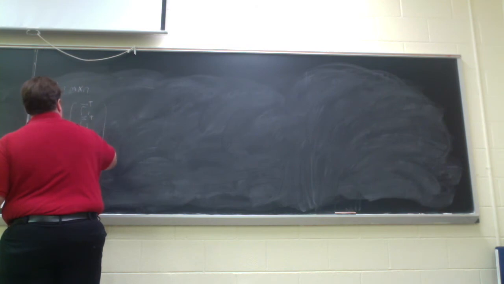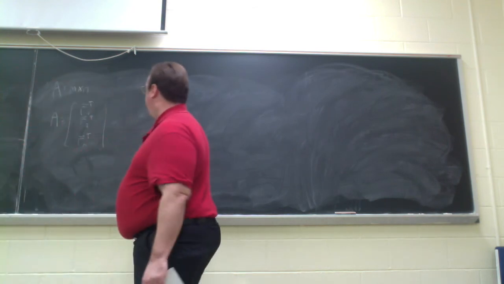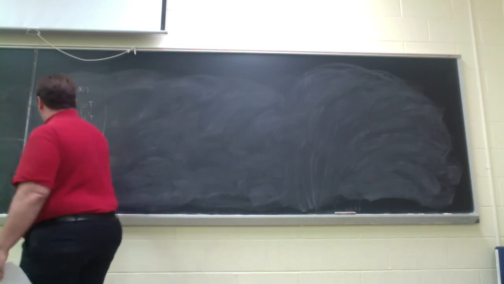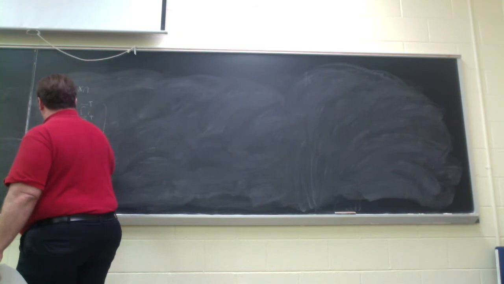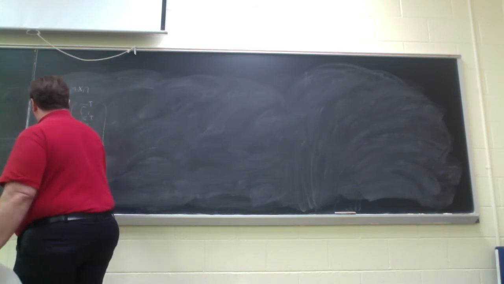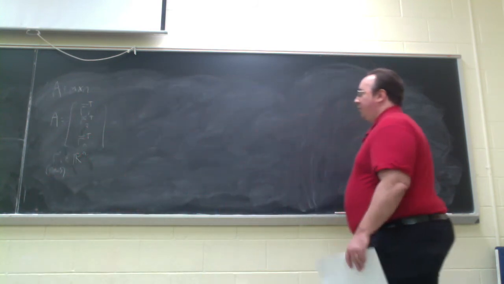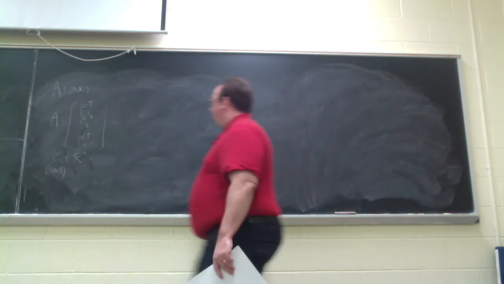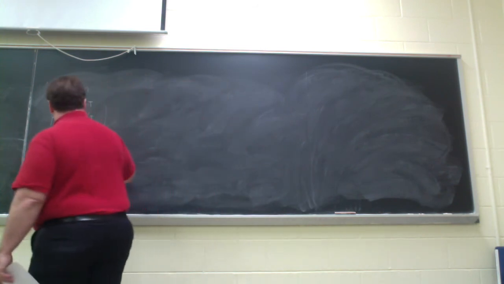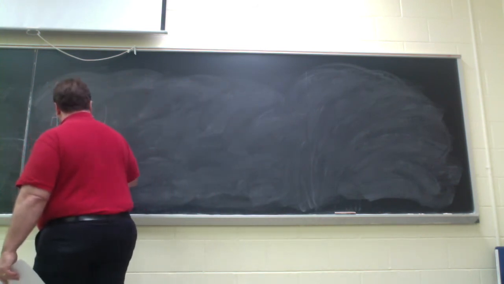A has m rows, so there would be m such vectors, and each one of these is a vector in Rn. These are the rows, or at least once we transpose them, they're row vectors. So this is called a row partition of A.